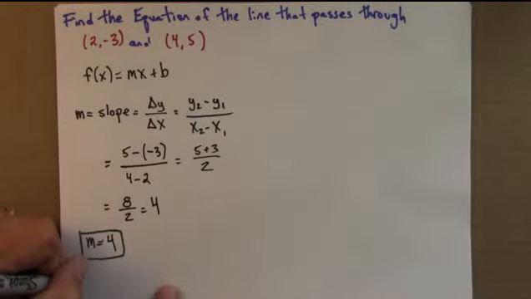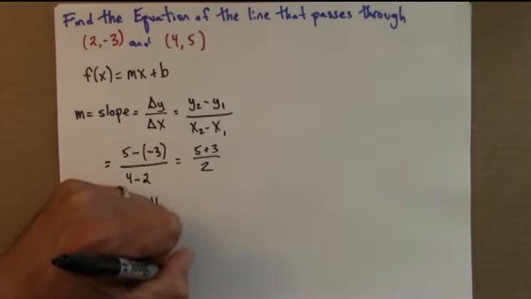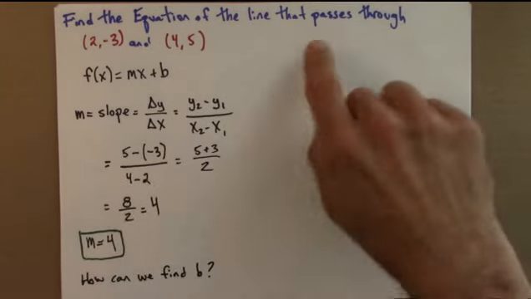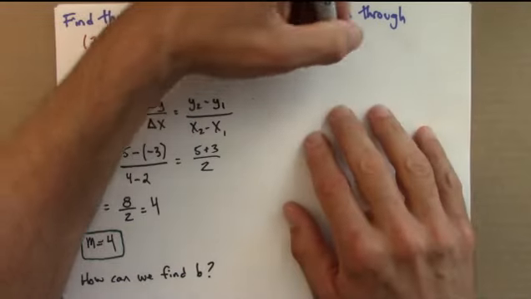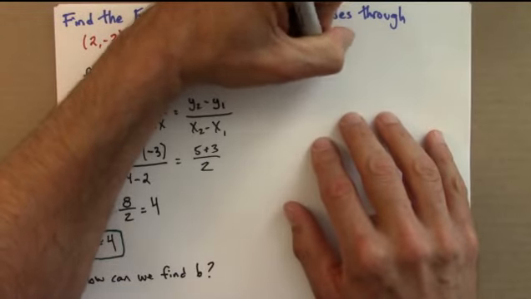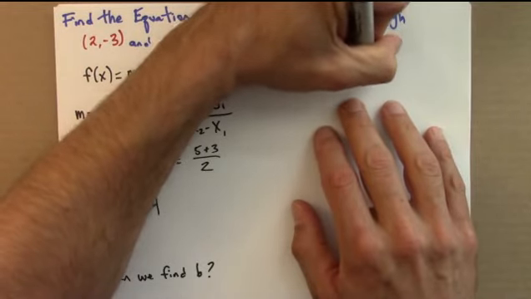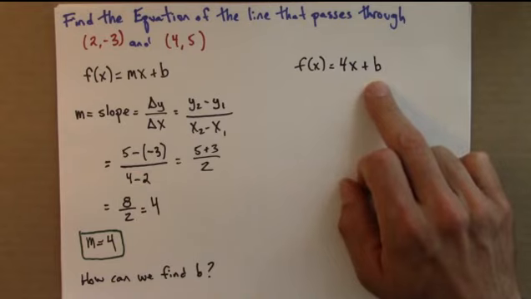So I'll move up here, and I'm just going to plug in m equals 4. So now I know that whatever this line is, its equation is 4x plus something. And I want to figure out what that something is.